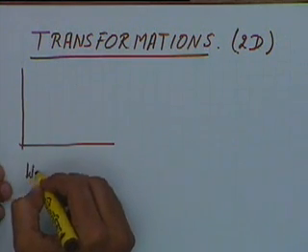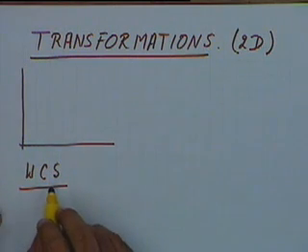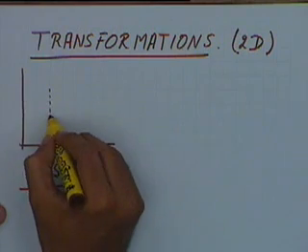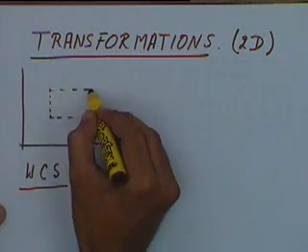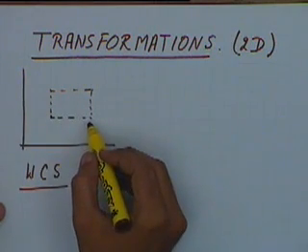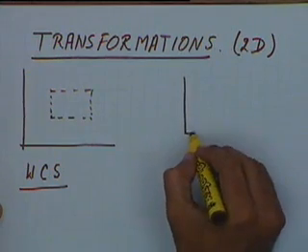if we have the world coordinate system, WCS, I am using a short form for world coordinate system, in this world coordinate system we can take a finite window, and then this portion of the world coordinates is transformed onto the screen coordinates.